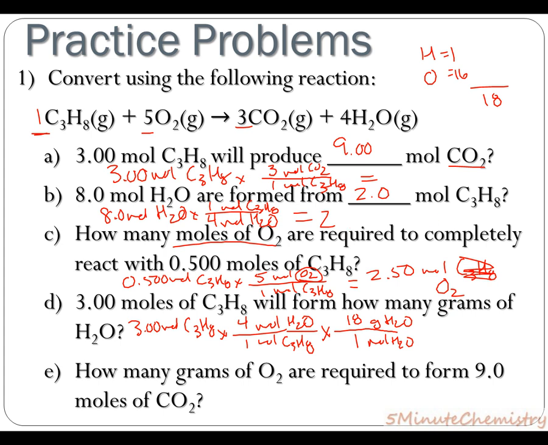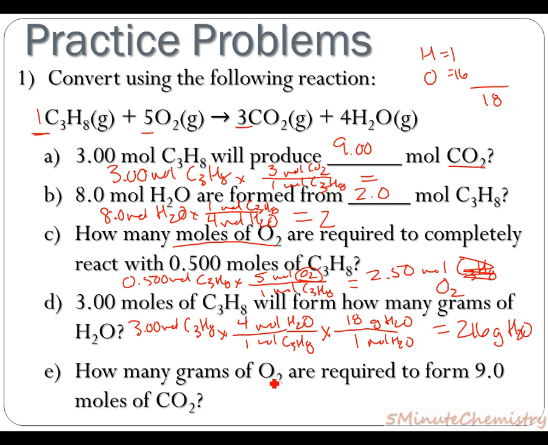Yeah, the mental math isn't working all that quickly. Let's see here. 10 times 18 is 180. And 2 times 18 is 36, so 216. So 216 grams of water would be formed.